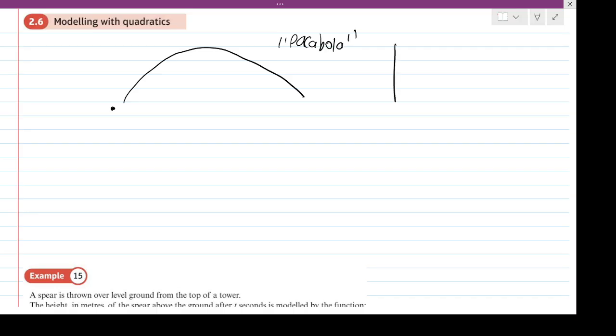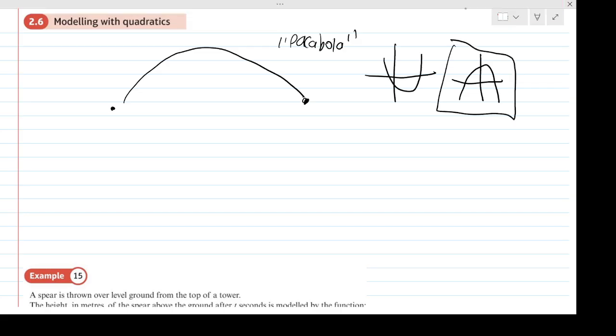So remember, our quadratics either look like this or this, right? It's a smiley shape for a positive quadratic, or a frowny shape if it's a negative. And in this case, the ball, when it goes up and moves, and then it reaches the ground back here, it forms a sort of quadratic shape, right? Specifically this sort of frowny shape here.